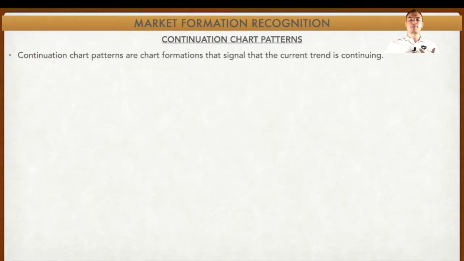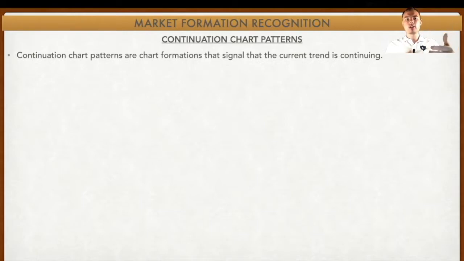For continuation patterns, these are basically giving you signals that the current trend is continuing. So if we're in a bullish trend and one of the types of continuation patterns occurs and it's valid, this means that the trend is going to continue bullish. So you'd still want to have buy positions open.